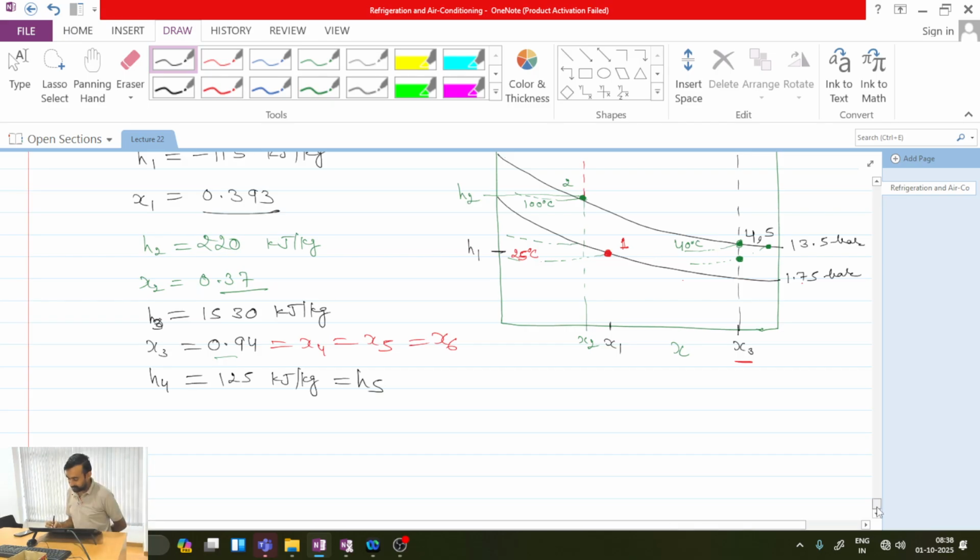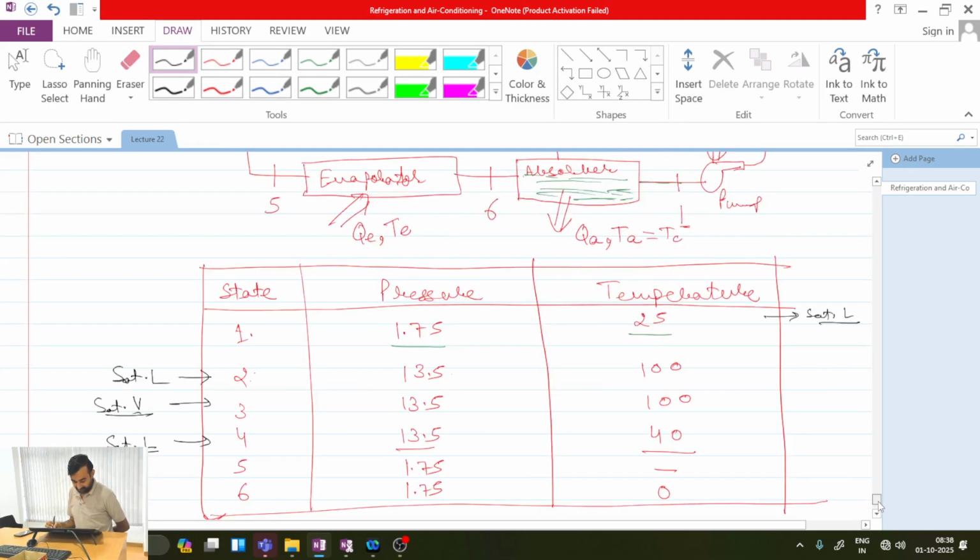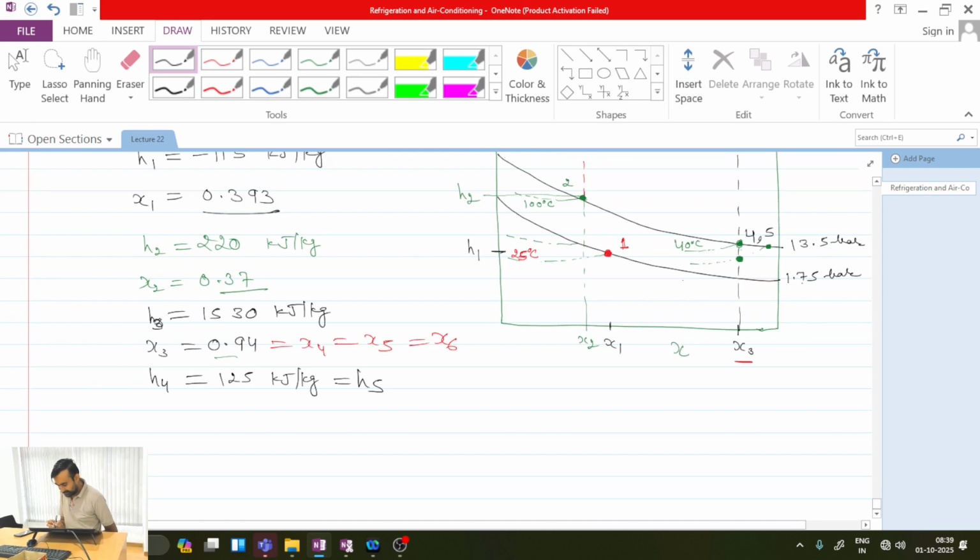However, let's see what is given in the table. In the table it is given that at state point 5, the pressure is 1.75. What does it mean? This is the 1.75 saturated liquid line.